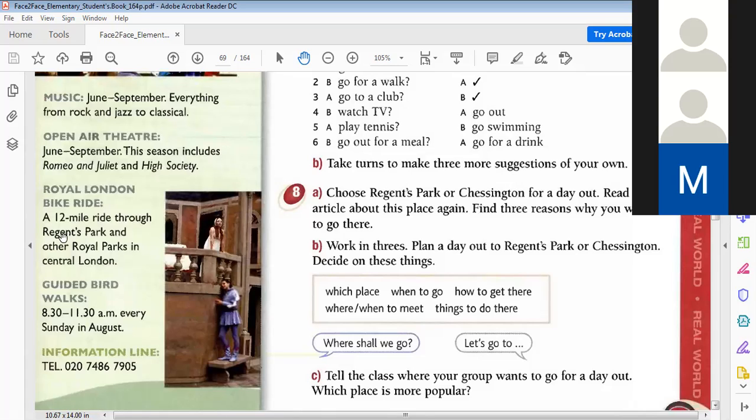Yes. And this ride is not only Regent's Park, but you can go through Regent's Park and other royal parks in central London. So I think it's connected, not just one park. What do you think of it? Do you think this is interesting? A 12-mile ride in the center of London.